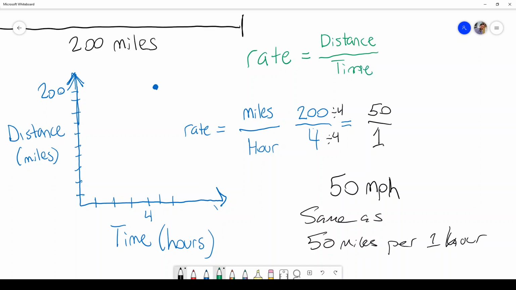And we can abbreviate these. We can say R for rate, D for distance and T for time.